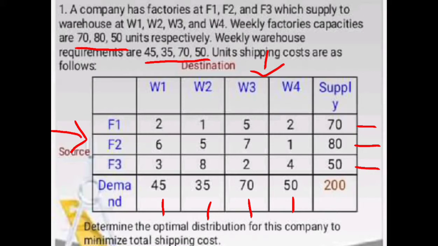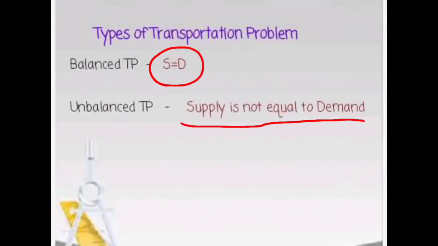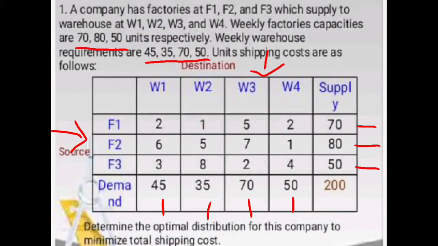But before we proceed to solving this transportation problem, we have to identify if this is a balanced or unbalanced type of transportation problem. In order to check if this is balanced, we have to add the supply.